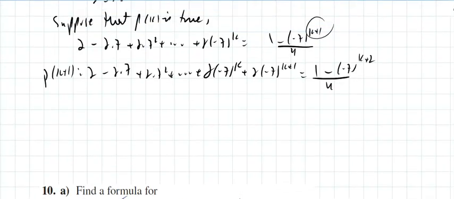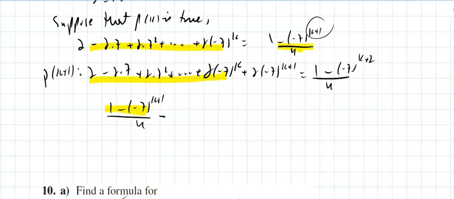Now, you'll notice this is my assumption, and that's what it equals. So 1 minus a negative 7 to the k plus 1 divided by 4 plus 2 times negative 7 to the k plus 1 is going to equal this mess.